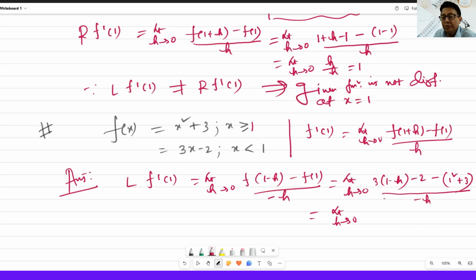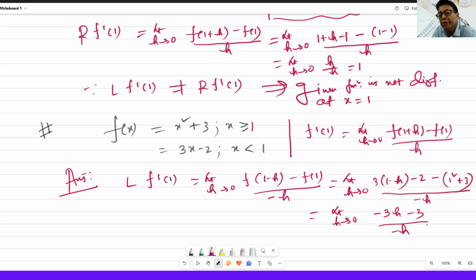So this is going to be 3 minus 3 is 0. This is 3 minus 3, 0, minus 3h minus 3, that divided by minus h.